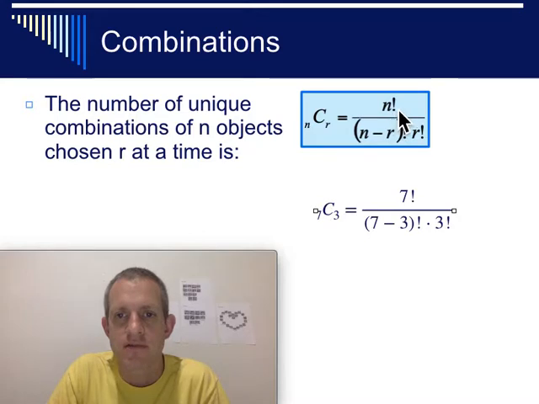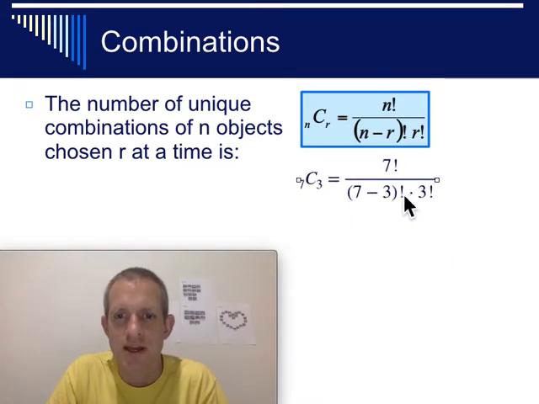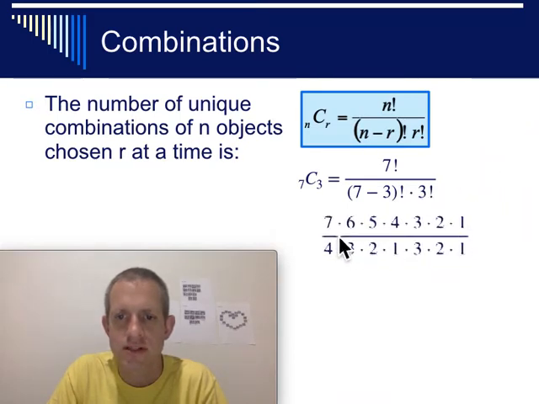And the formula is 7 factorial on top, and 7 minus 3 factorial times 3 factorial on the bottom. So kind of a complicated looking little thing, but on top that's just 7 times 6 times 5 times 4 times 3. 7 minus 3 is 4 factorial, and this is 3 factorial. And so you could totally list that off.